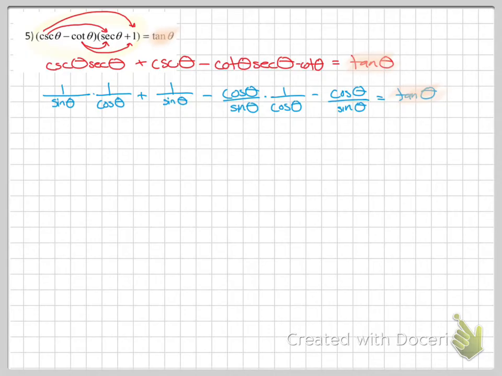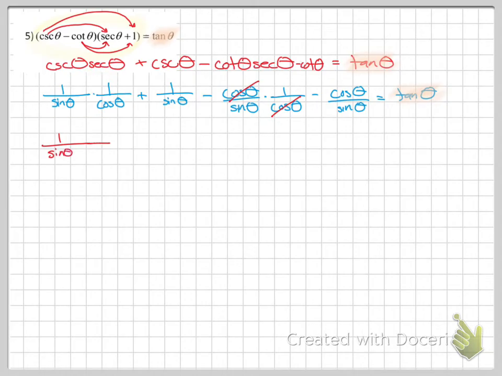Okay. Now that I see them next to each other, the first thing I notice is that this middle-ish term has a cosine on top and a cosine on bottom. So I can cross those out. Write down everything that's left. Since nothing's going to cross out on this left term, I'm going to write them together, right?